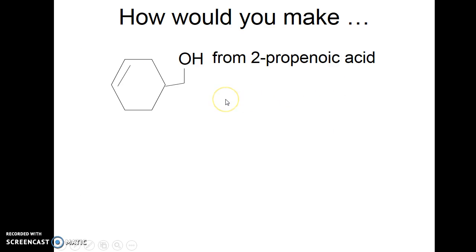So how do we make this alcohol from 2-propenoic acid? Well, let's write down the 2-propenoic acid and look at the alcohol and how we might be able to see the carbons in here. Notice we have the alcohol group. That must be right here, this carbon, the carboxylic acid group here. So where would these 2 carbons be? They would be right there.